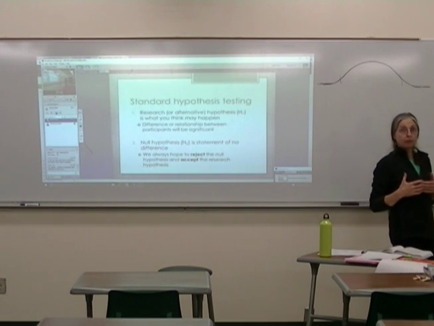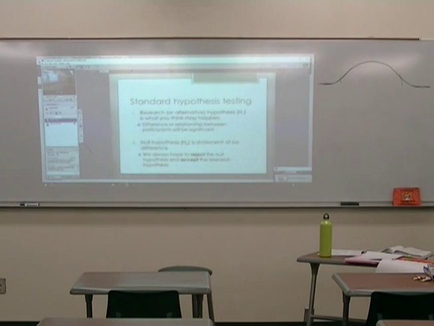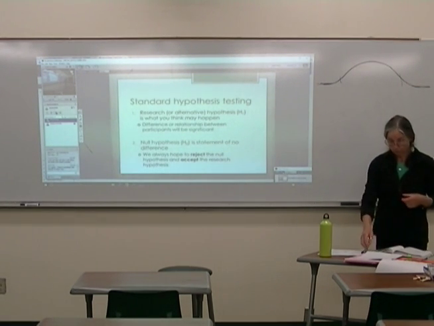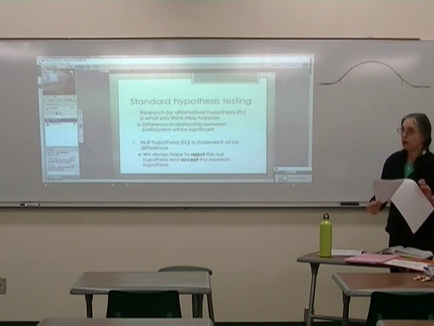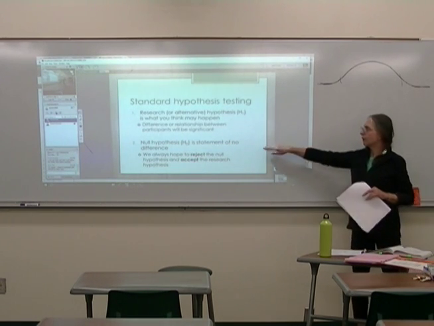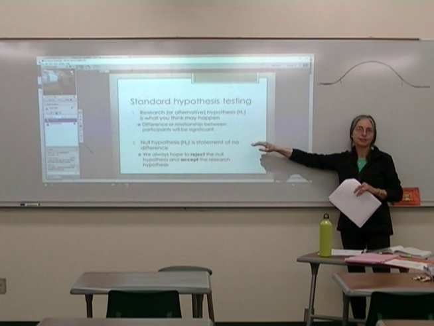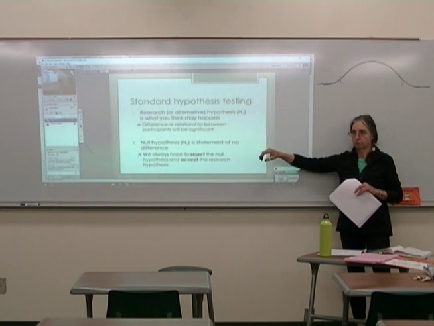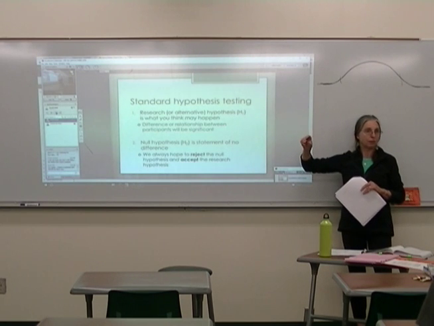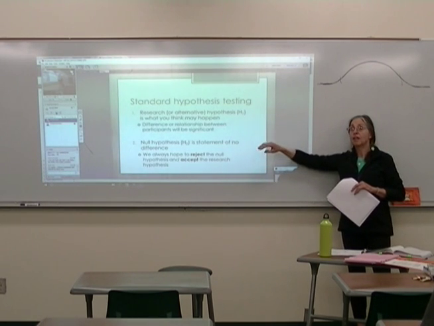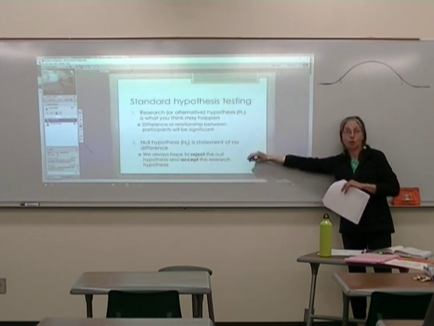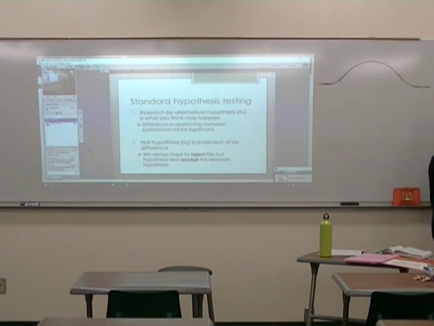That's our goal when we run the statistics. I want to reject the null hypothesis because the null hypothesis says there wasn't any difference. So two negatives make a positive. If I reject a no difference, I'm saying there's a difference.